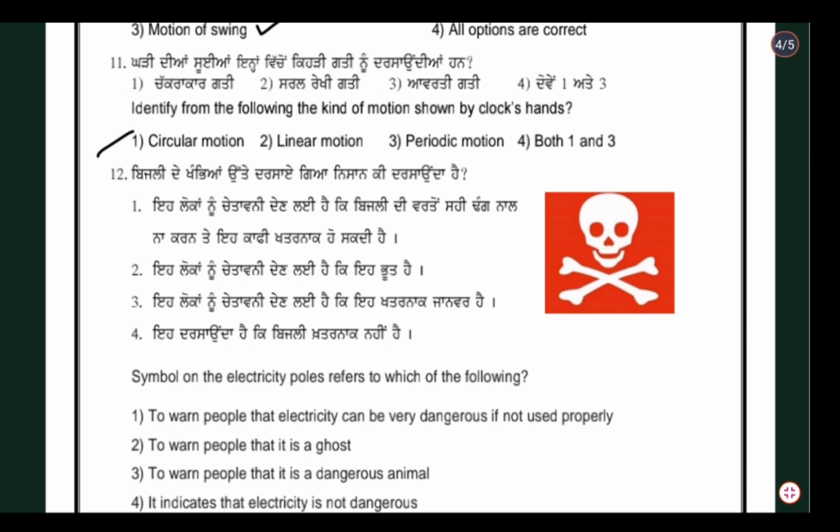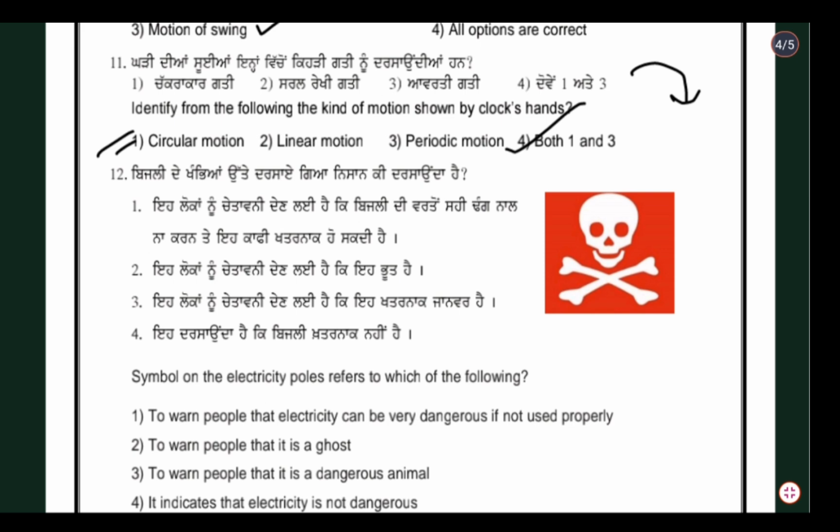Question 11 is, identify from the following the kind of motion shown by a clock's hands. A clock's hands show circular motion. Then it also shows periodic motion. So answers 1 and 3 are your right choice.